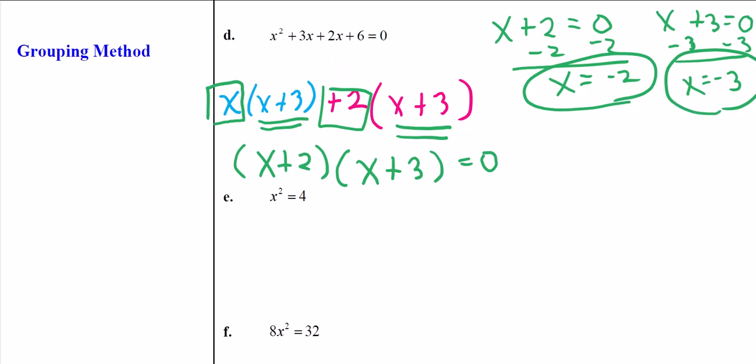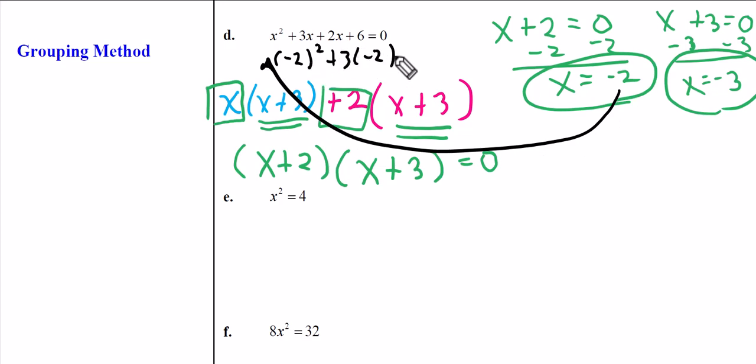Now, at any given time, you could take these answers that we're getting and plug them back into the original problem. And as long as you can follow order of operations correctly, you're going to get that the equation statement is true. So for example, if I were to plug in a -2 into all of these, I'd put -2 in parentheses squared, plus 3 times -2, plus 2 times -2, plus 6 equals 0.